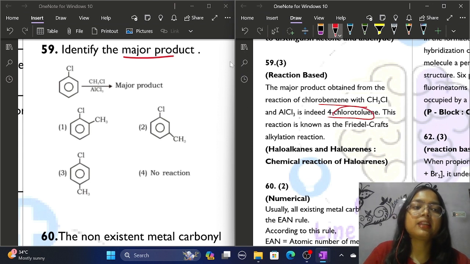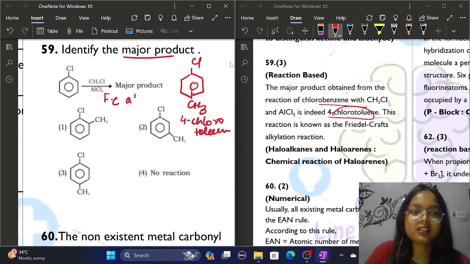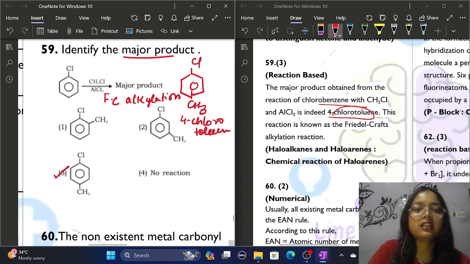So which type of reaction is this? We will get the product as Cl and CH3 on the ring. So this is 4-chlorotoluene. What is the name of the reaction? It is Friedel-Crafts alkylation. So accordingly option 3 will be the correct answer.